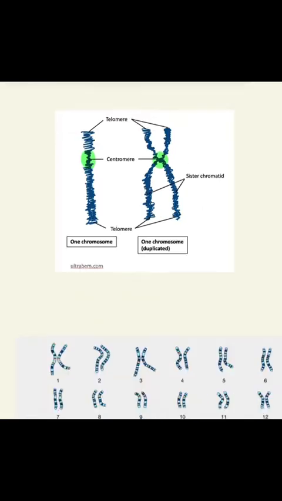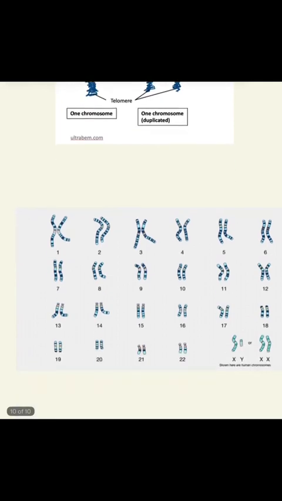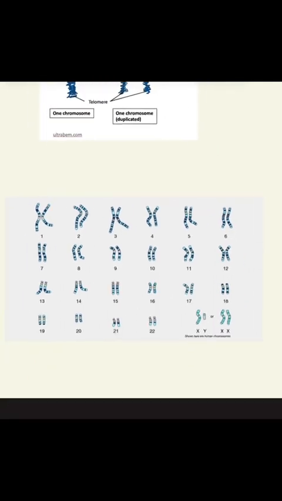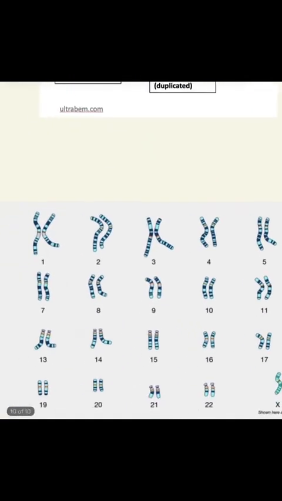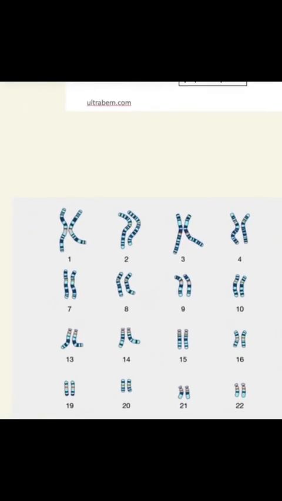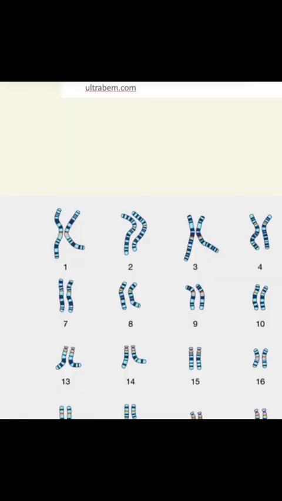Okay. Now, you'll also see chromosomes represented in a diagram like this, and this is called a karyogram or karyotype. So you can see here that we have these two rod-like structures. Often people get them confused as one chromosome, but what I've just highlighted is actually two chromosomes.